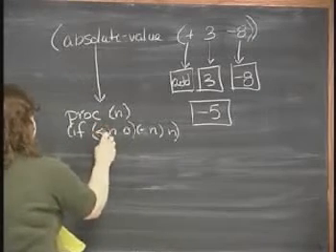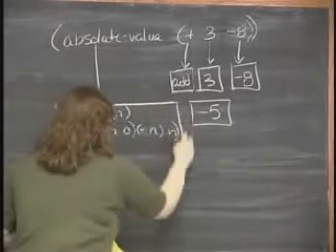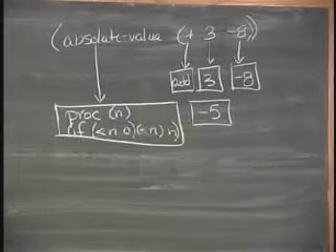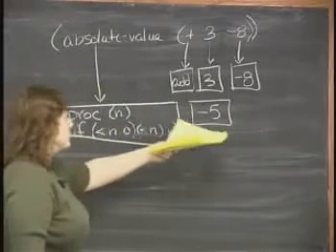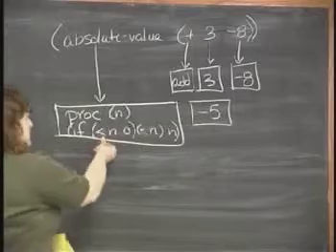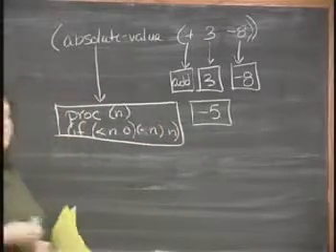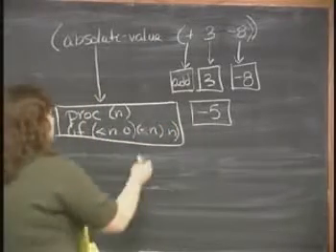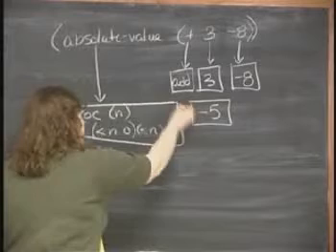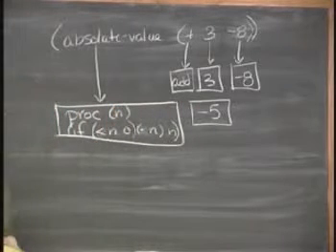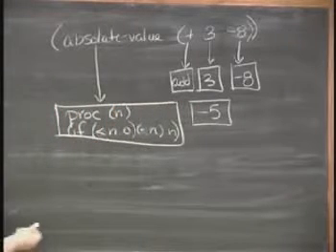Sorry, yeah, less than. So now we found the values of our two sub-expressions. To apply our procedure to the rest, this is where the word substitution comes in. We're going to take this and substitute it in for every occurrence of n in our procedure.